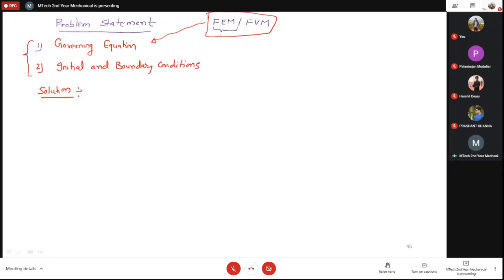So what these techniques have told us, that when we want to solve some governing equation with some boundary conditions or initial condition, first we should have the knowledge of domain. Okay, so knowledge of domain is required.